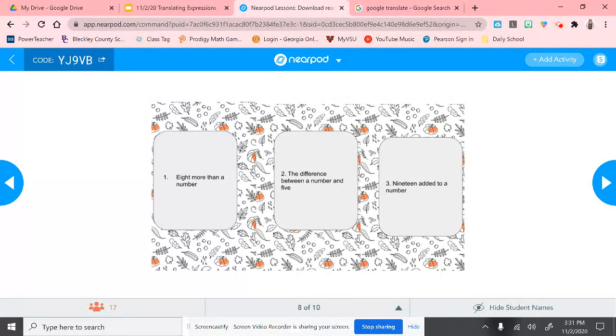Not too bad. What if you had 2 numbers, but it didn't say the next number? It could have been 19 added to 4. If it said 19 added to 4, it would be 4 plus 19. 19 is being added to that 4.